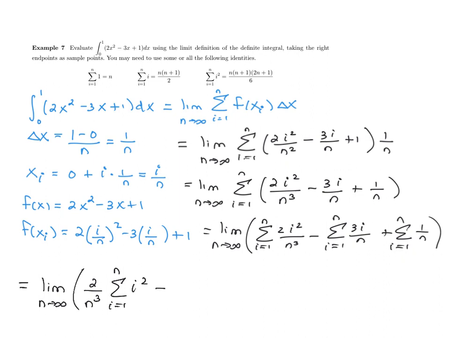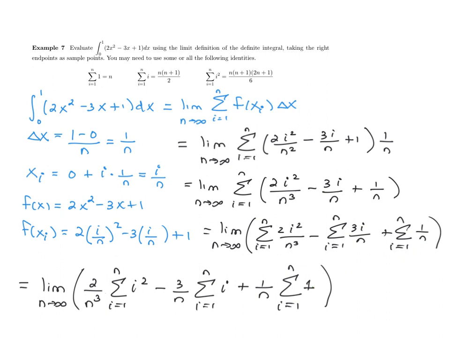Then we have minus, we can factor out 3 over n, and we're left with the sum of i going from 1 to n of just i. And then plus, we can factor out the 1 over n, and we have the sum going from 1 to n of just the number 1. If you multiply this back in, you would have 1 over n, because 1 over n times 1 is 1 over n.